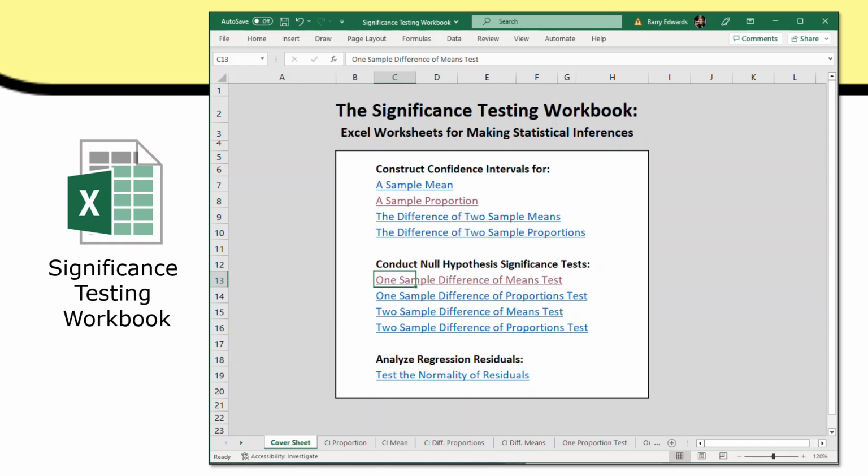I think students who've used it have found it very helpful. Once you get a handle on the information you extract and how you put it in there, it does a lot of the work for you, and then you can concentrate on properly interpreting the results. The computations and calculations really can be done by a worksheet.